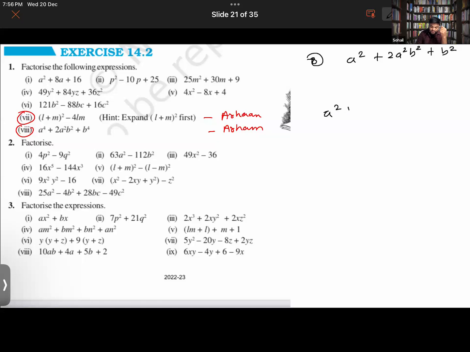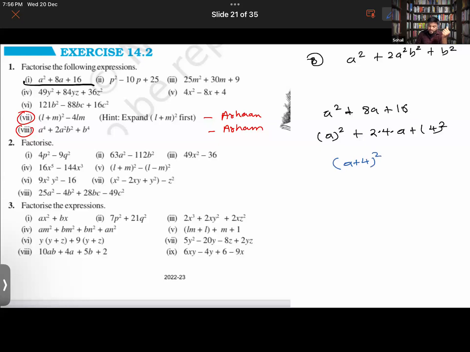Like a square plus 8a plus 16. First question I am solving. See, this is a whole square plus 2 into 4 into a. And what is this? 4 square. So after solving it, I am getting a plus 4 whole square.